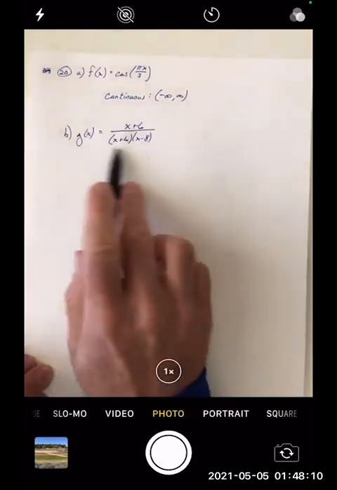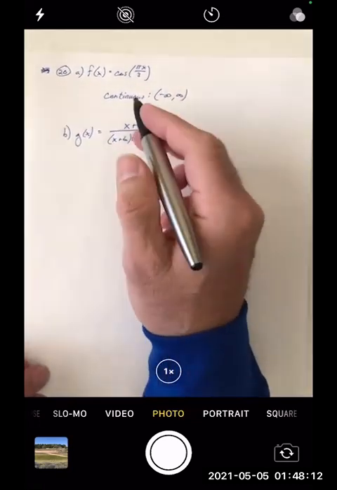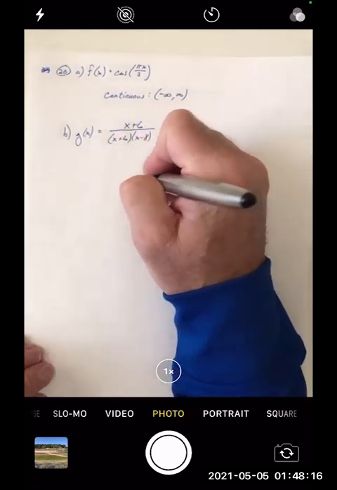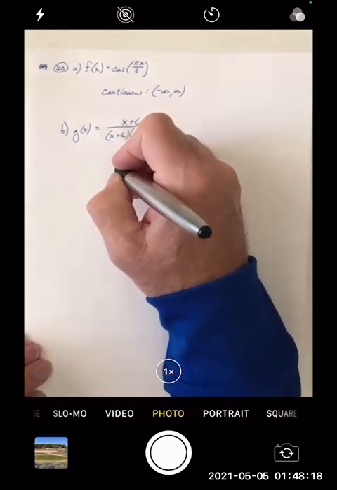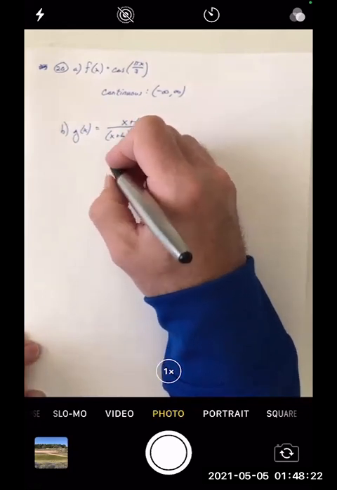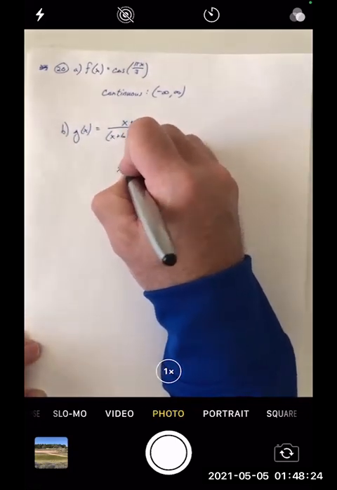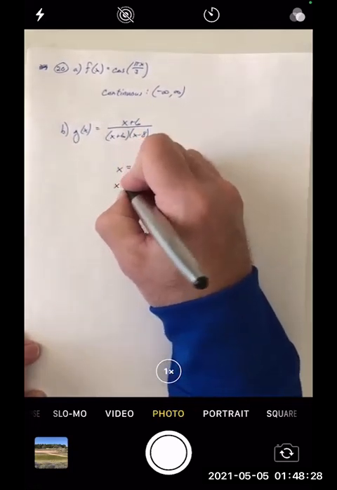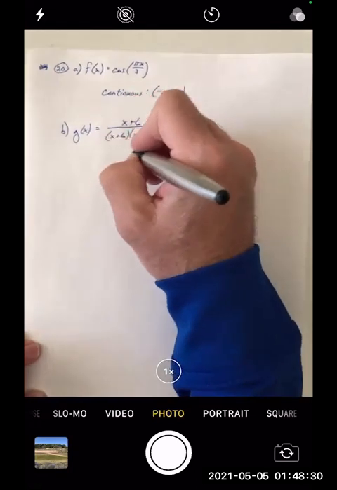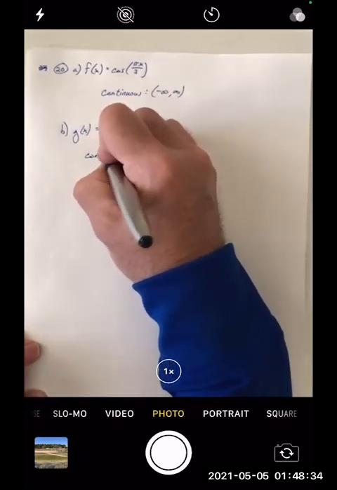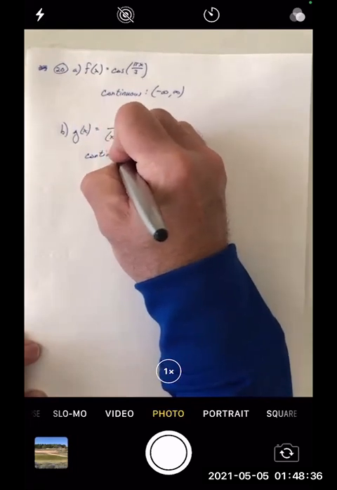So before you reduce it, what makes the denominator 0? 8 and -6. So those are your two discontinuities. So it's continuous everywhere else.